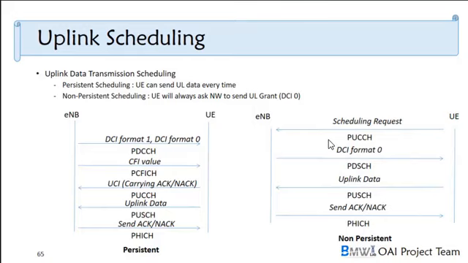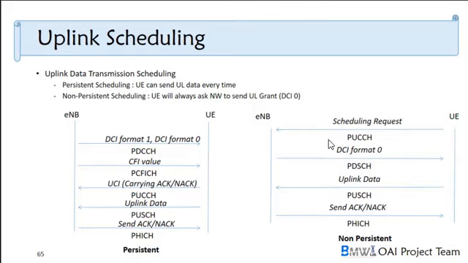That means uplink data. Because the UE uses data, the UE will use a shared channel. Yes. And then after the eNodeB gets the UE data, the eNodeB will send an ACK or NACK using PHICH. What is PHICH? PHICH is the physical HARQ indicator channel.